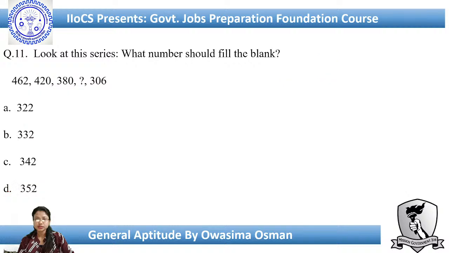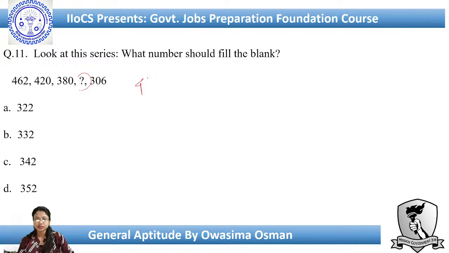Next, find the missing number. The series is 462, 420, 380, and you have to find the missing digit, and then 306.